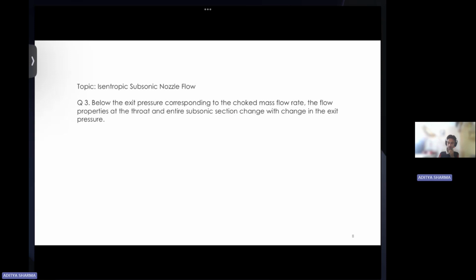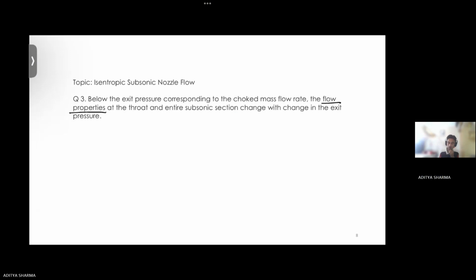The question asks about the flow properties at the throat and the entire subsonic section. So what is the subsonic section? Subsonic section is nothing but the convergent section. Why so? Because the flow is subsonic in that section, and at the throat it changes to sonic.